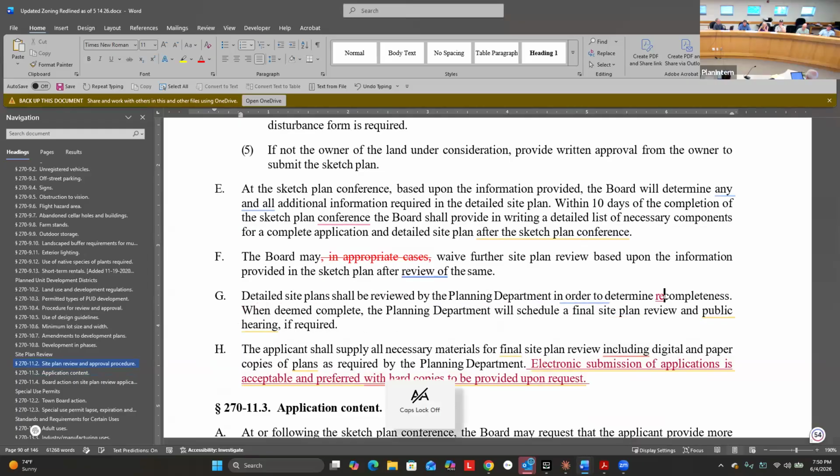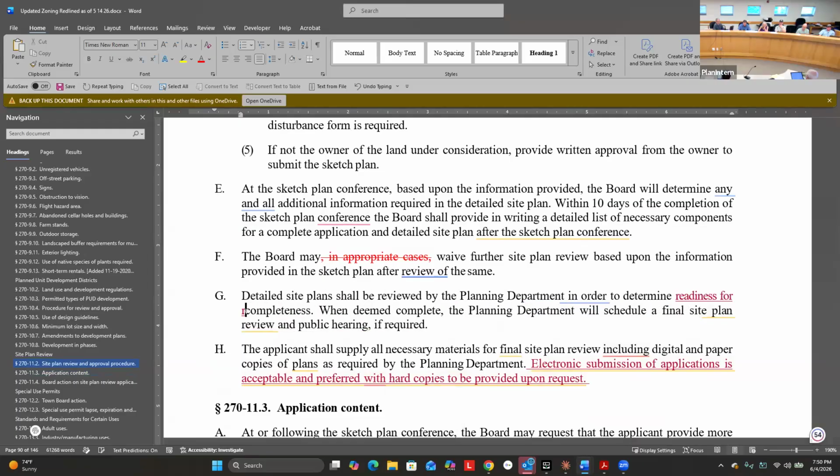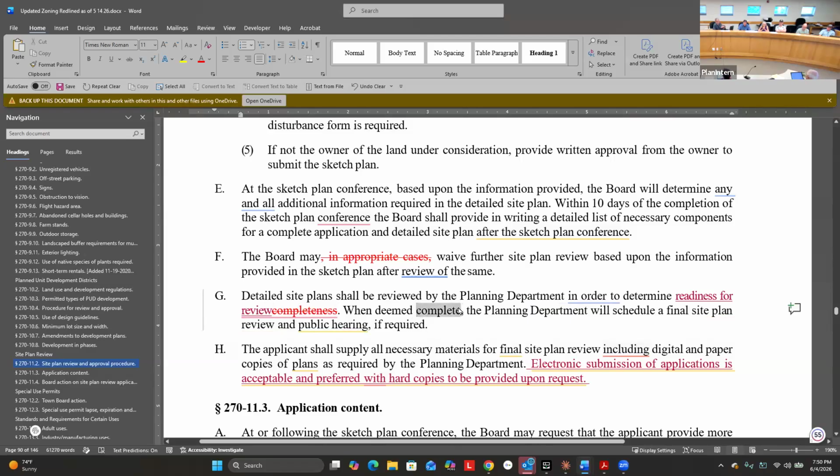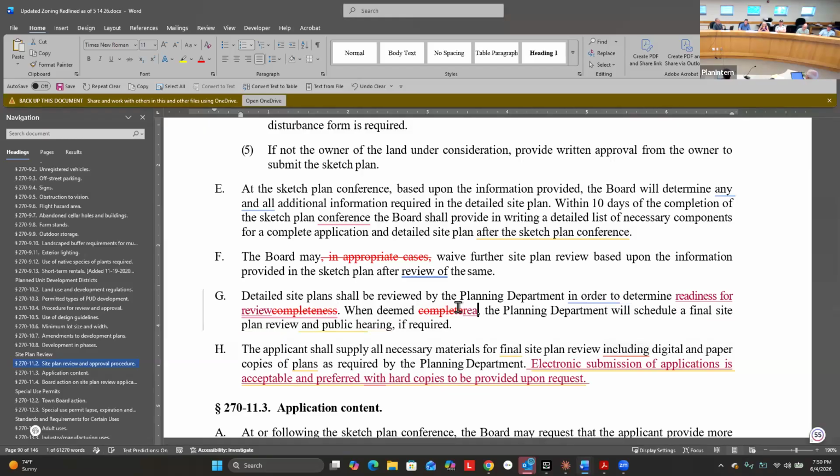Right, because that's really what Gina's doing in this case. I think it's good, because developers use this to know what to do. So noting that in here is good, because they understand that these are the steps for a site plan review.